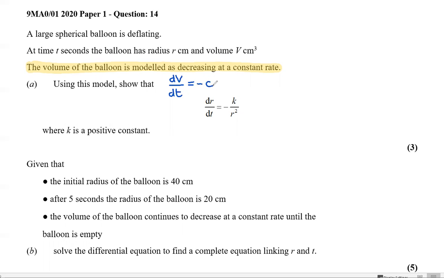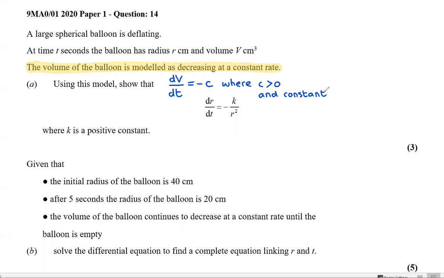Okay, we want it to be negative. So we'll say where C is greater than 0 and constant. Okay, so that's important.